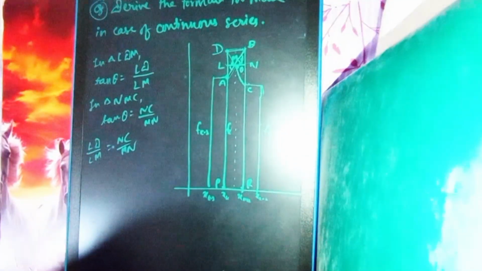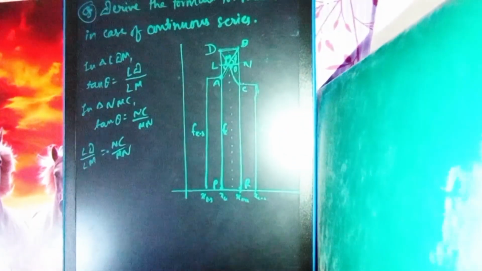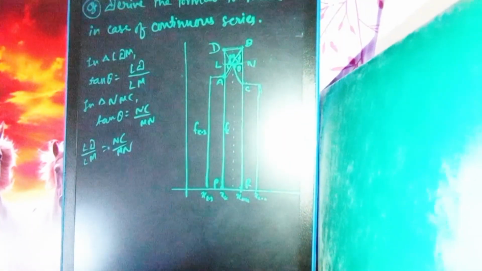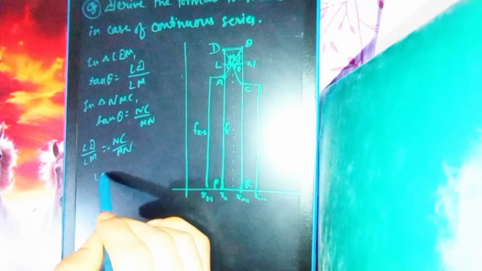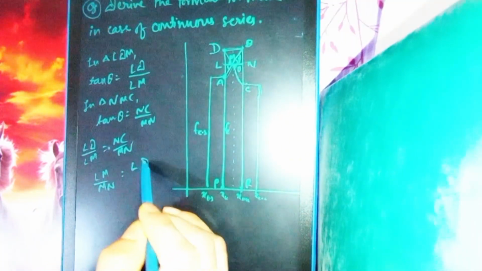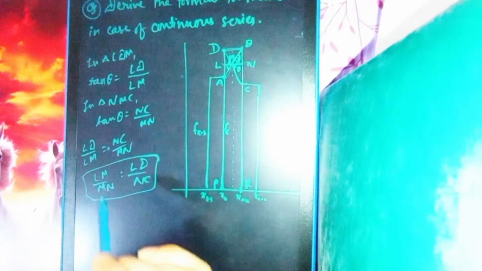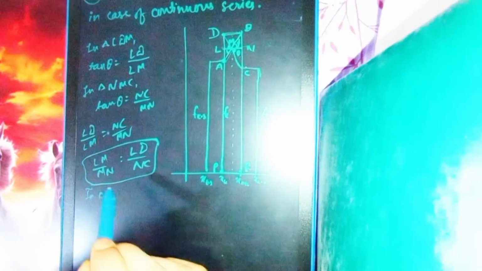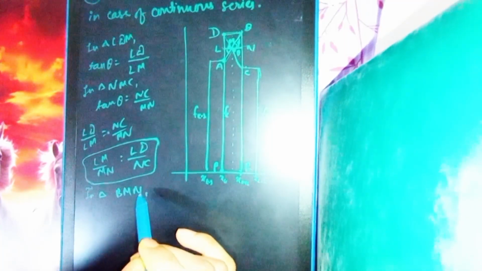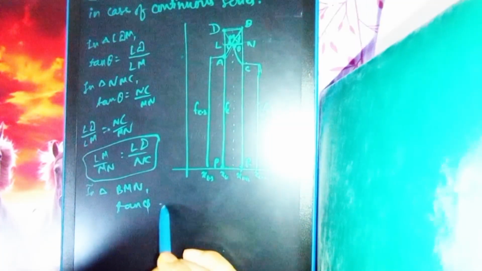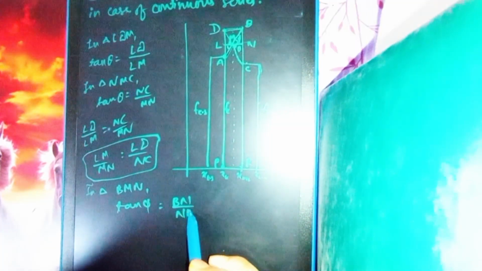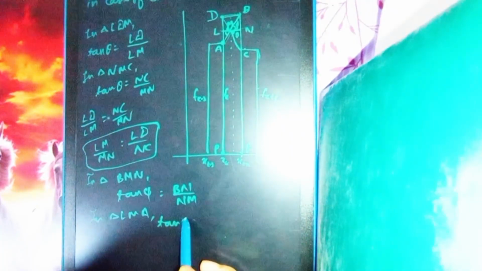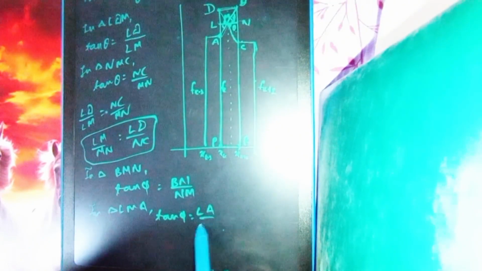I'll increase the brightness, okay. I hope you are getting it. Now from here we can write LM by MN, which is equal to LD by NC, simple relations. Then we take the triangle with angle phi, BMN. In triangle BMN, we can write tan phi is equal to BN by NM, and in triangle LAM also, we can write tan phi is equal to perpendicular upon base, that is LA by LM.